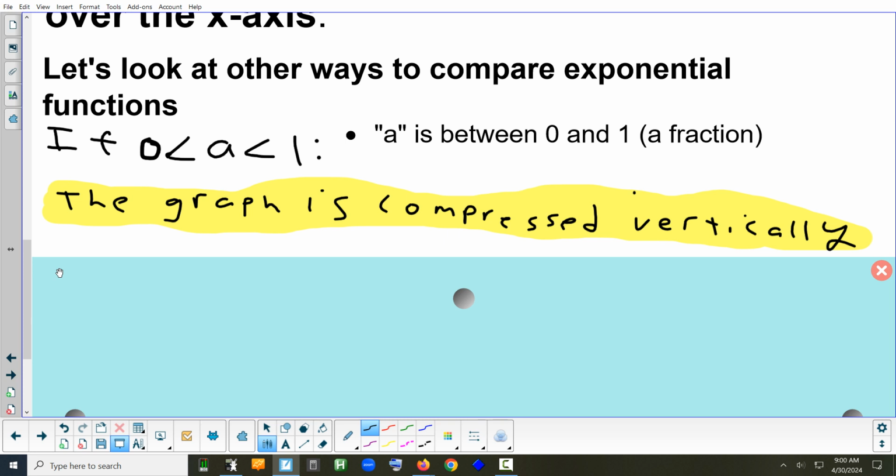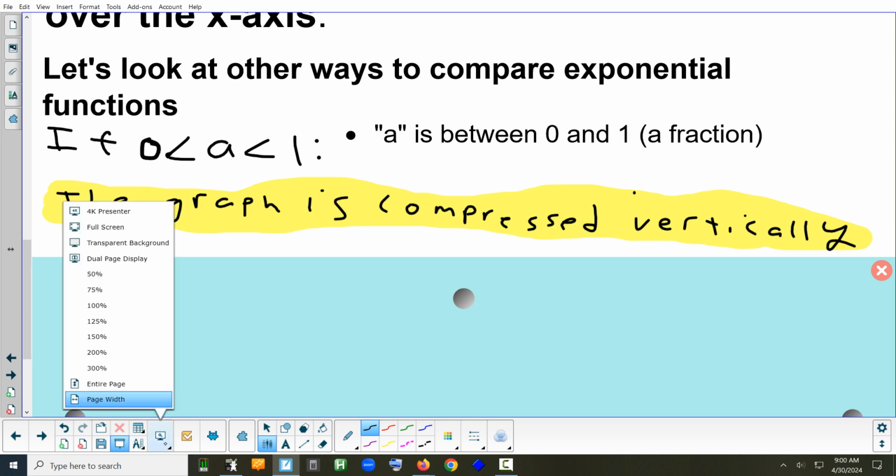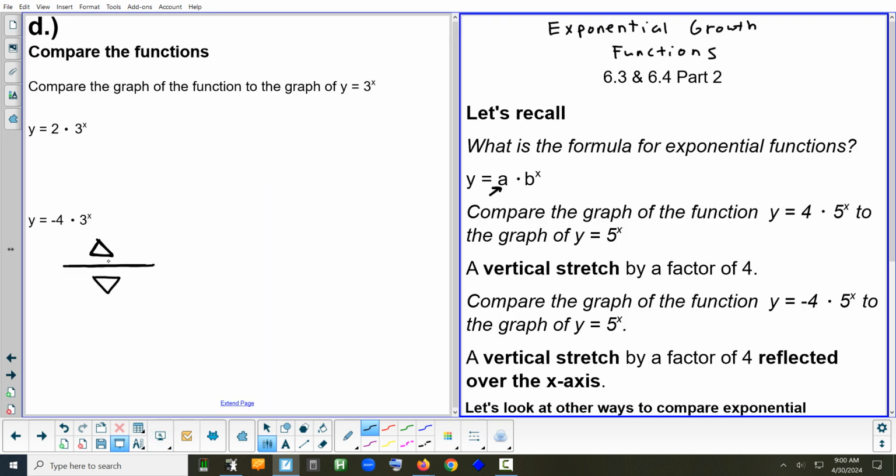All right, so there's two numbers that control what these graphs look like, the A and the B. The A is the number in front that causes a graph to either stretch or we could say it can compress. So what would it look like if it compresses? Well, let me show you.